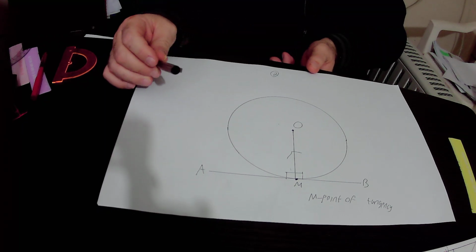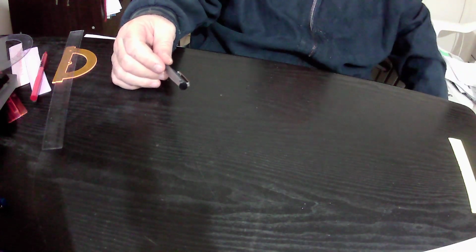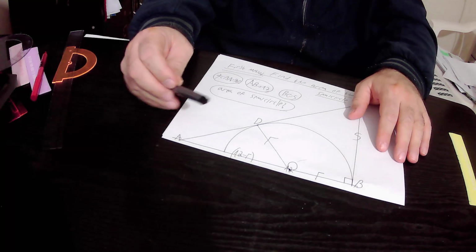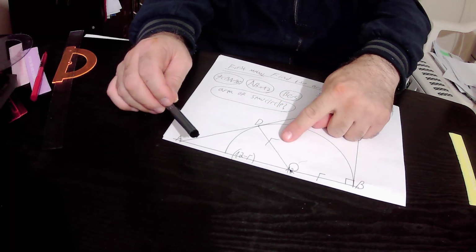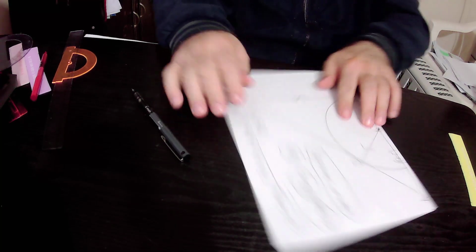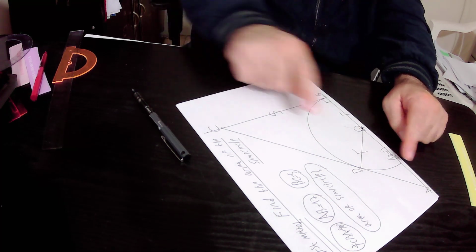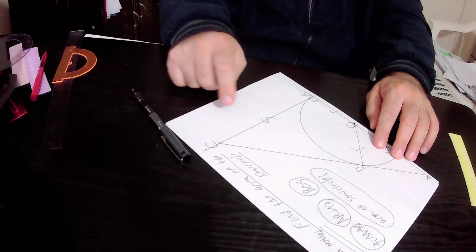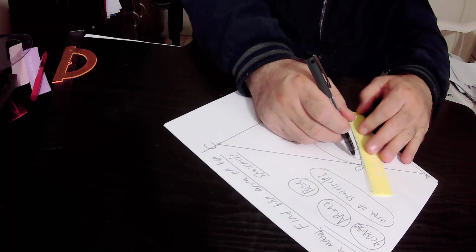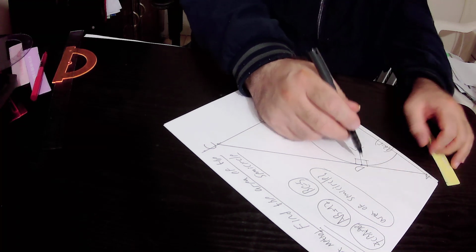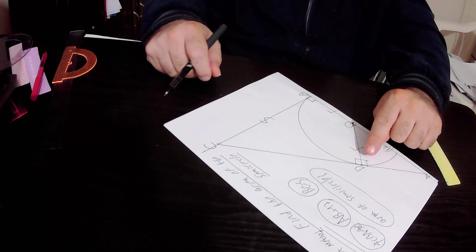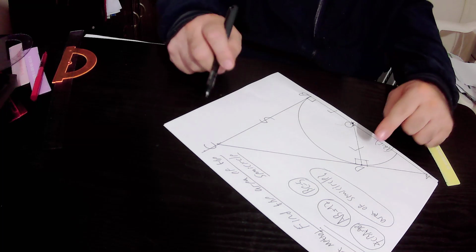Okay, so we can implement rule number 1 in our drawing, because in our drawing we have the radius OD, drawn to point D, the point of tangency of tangent AC with this semicircle.